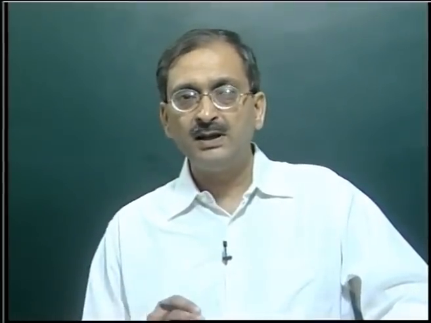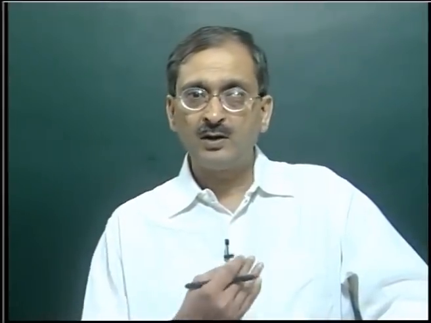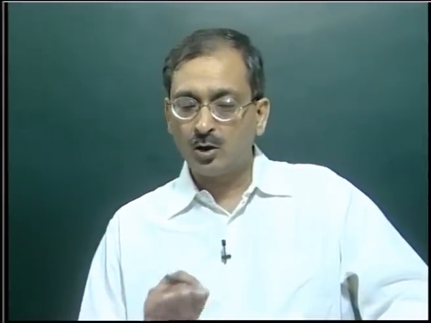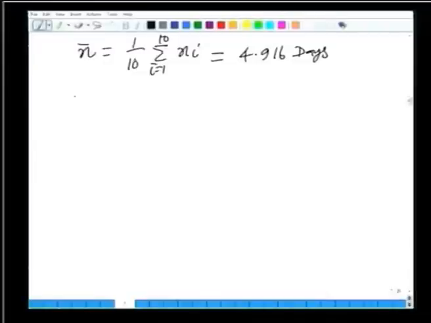For demonstration purposes, I have purposefully kept the number of data points as only 10, so that things are manageable. Some of you may be confused about how come we are not following those guidelines. It is not the purpose of this exercise. I just want to caution you beforehand. All right, so let us move on.